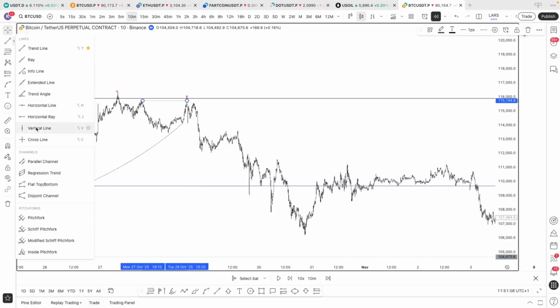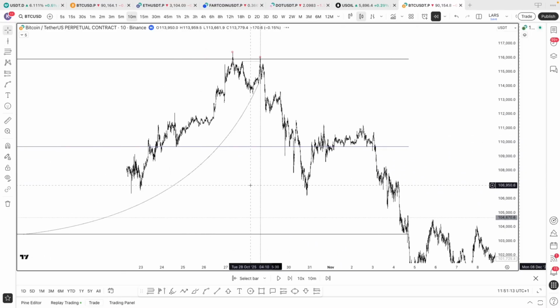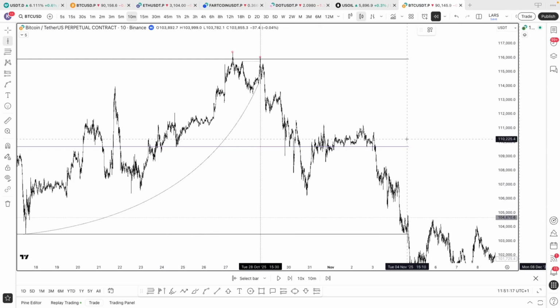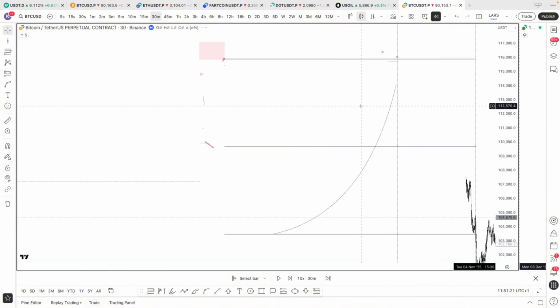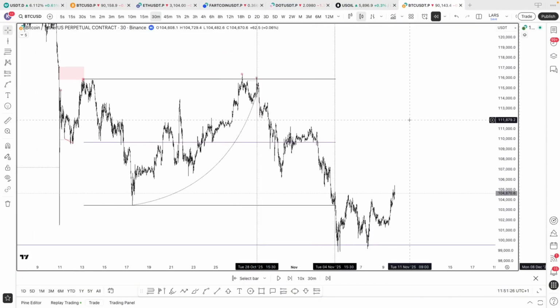So literally right here on the 28th of October during our New York session until the completion right here on the 4th of November, we are in a pro-contextual environment on our major, Bitcoin.